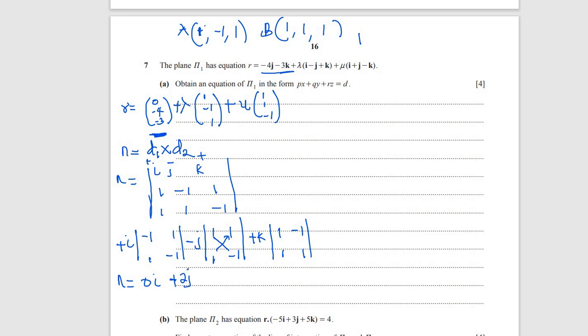And the last one, 1 times 1 minus 1 times 1, it's going to give us 2k. So the normal for this direction is 2j plus 2k.